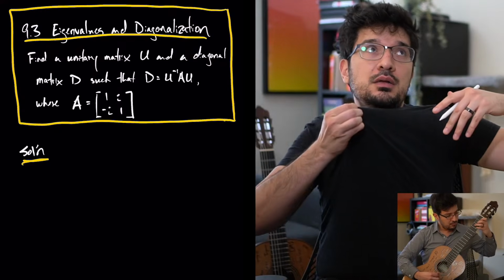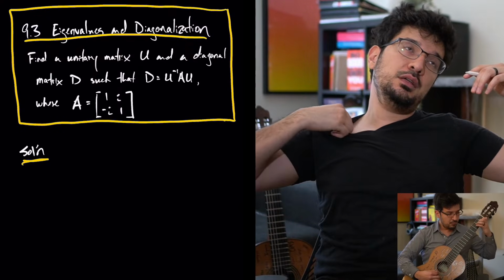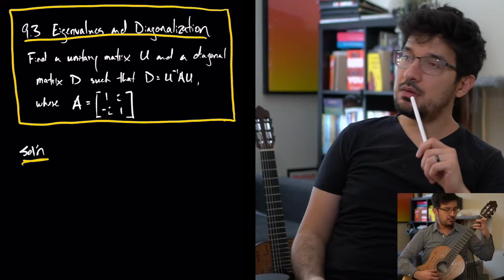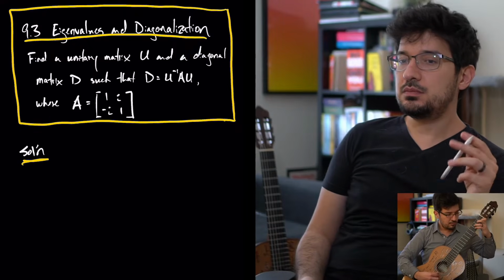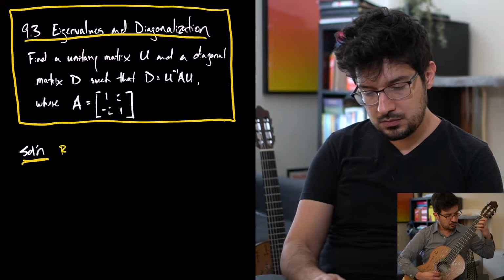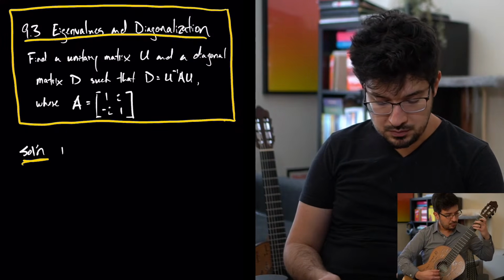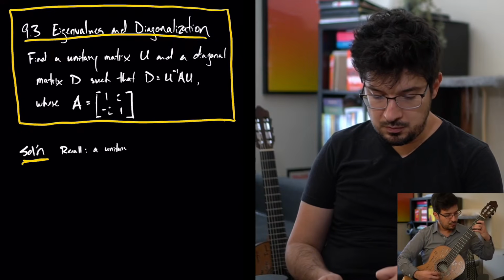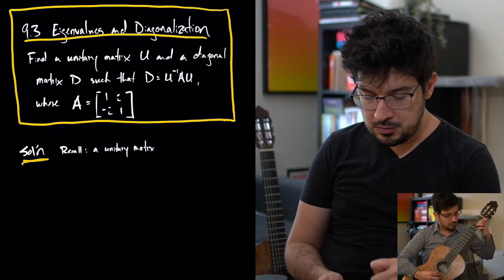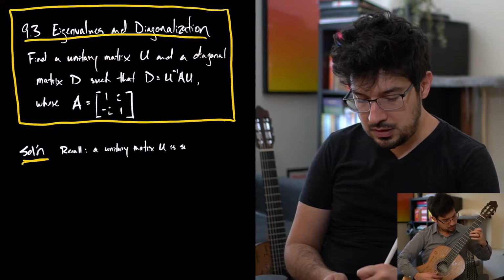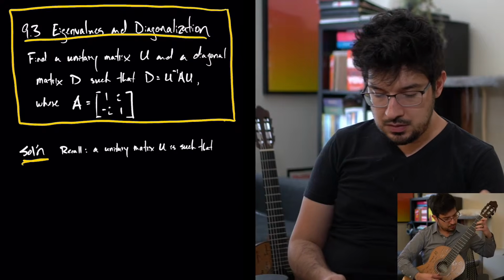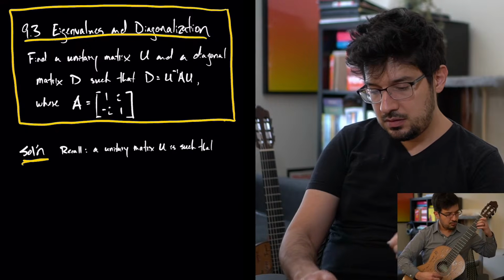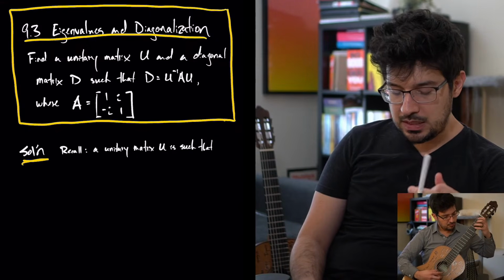Okay, so we recall that a unitary matrix U is such that it's the equivalent of symmetric.